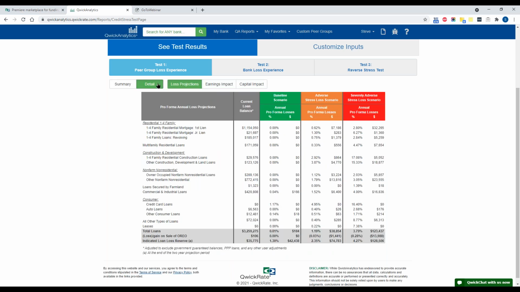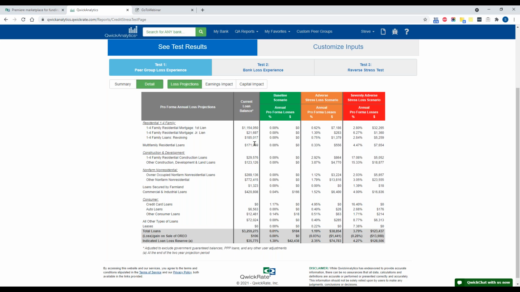One of the other slides that Sean showed you just briefly a few minutes ago was that there are 3 steps. After we have identified the peer scenarios and we know what loss levels our peers had in a healthy, an unhealthy, and a worst case scenario, we're going to apply those peer loss rates to our portfolio from a dollar perspective, so we can get an idea of what it means to us in real dollars.